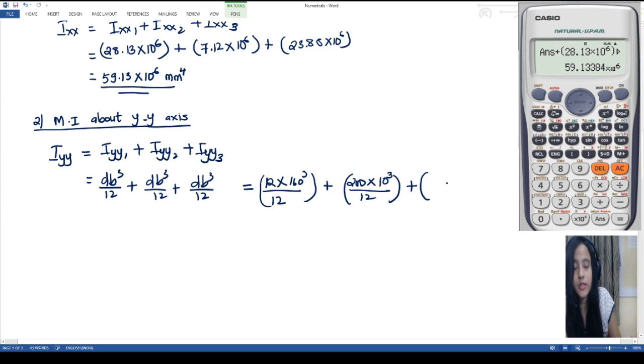And for the third flange portion, my depth is 12 and its width is 240, so 12 into 240 cube by 12.